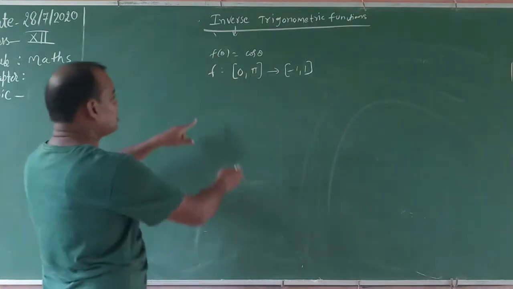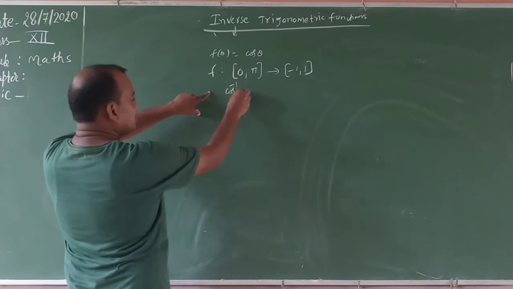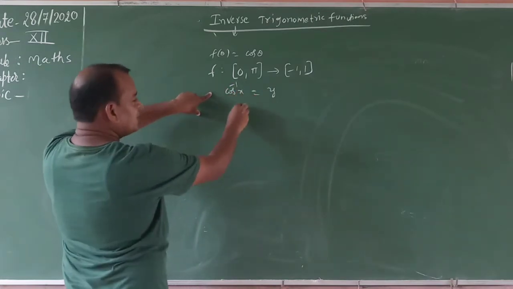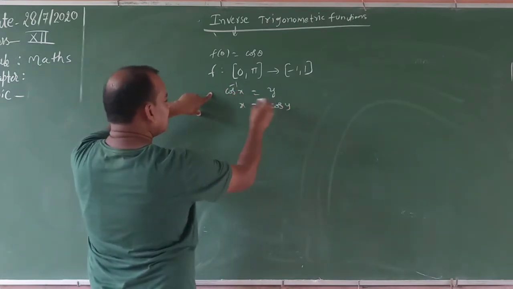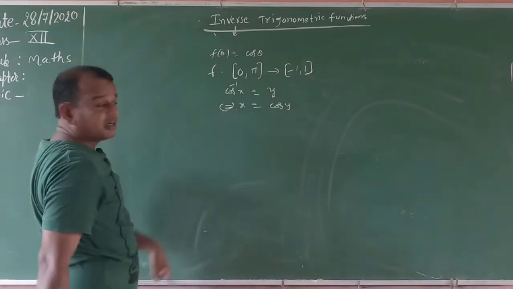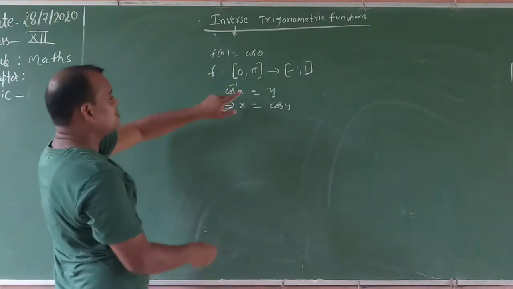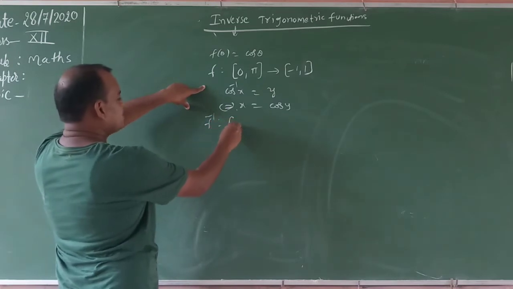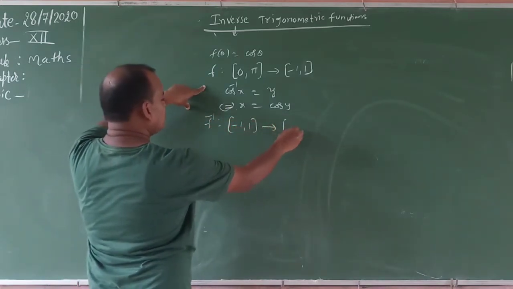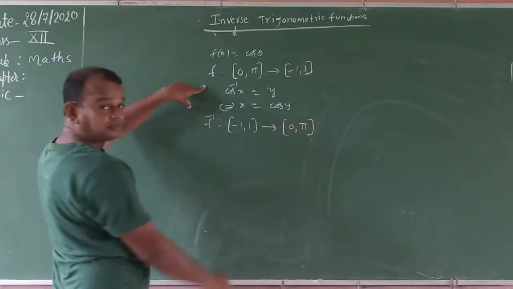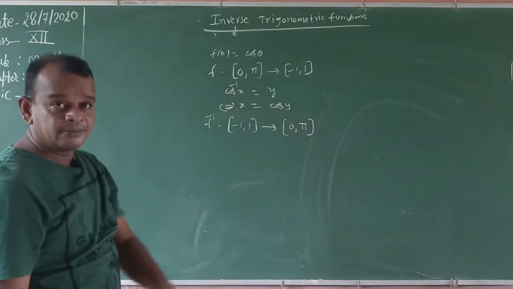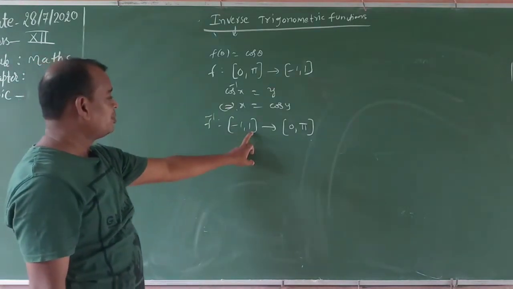Whenever f is invertible, cos inverse of x is equal to y. Now x is equal to cos y, where x belongs to minus 1 comma 1 and y belongs to 0 comma pi. Understood or not? What is the domain? Minus 1 comma 1.